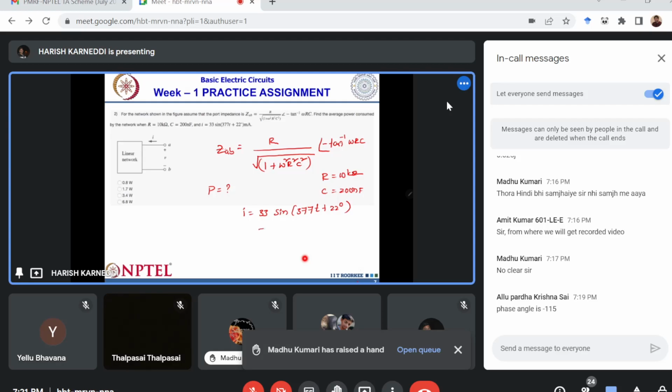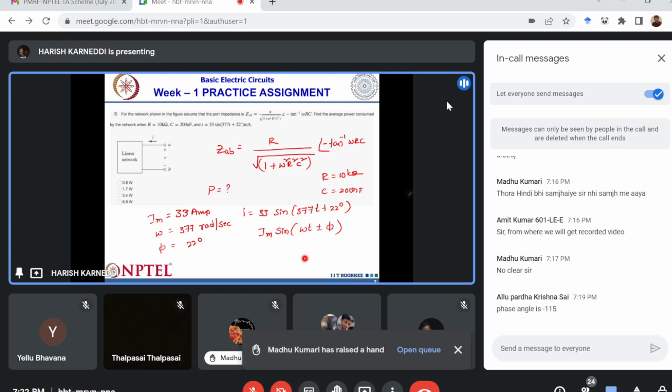It will be Im sine of omega t plus or minus phi, where Im is the maximum current, 33 amps. Omega is the angular frequency, 377 radian per second, and phi is the phase angle, 22 degrees.